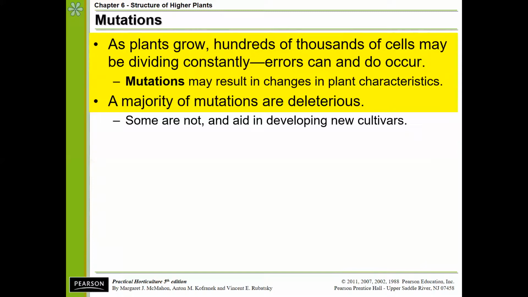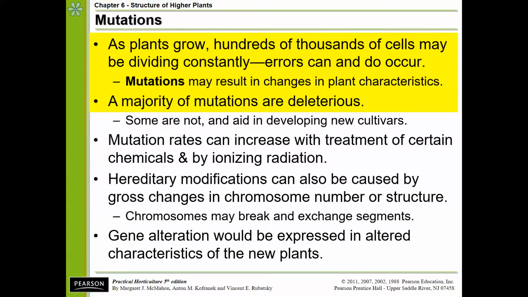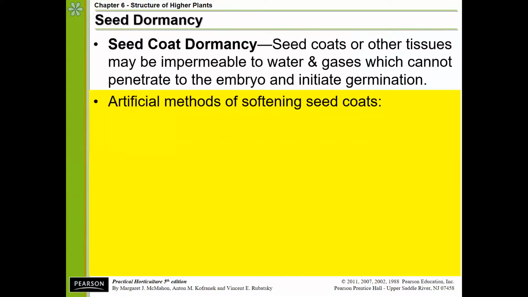So mutations are not always bad. They're a result of the naturally occurring replication of cells. There are errors in nature, right? And that's not always bad. So I just want to throw that out there: mutations can be good too.